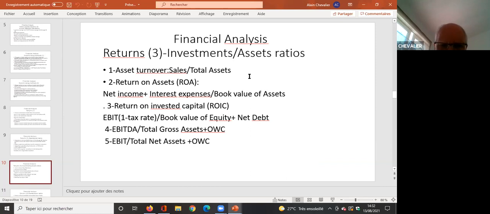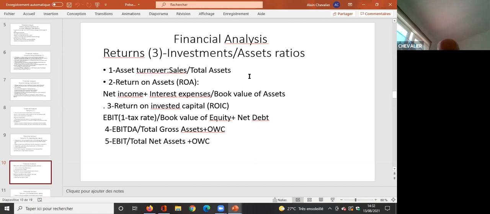Another way is to calculate the return on invested capital, which is more common in many textbooks, and which is the EBIT after tax divided by the book value of equity plus net debt. And you have two other formulas which are perhaps easier to manage.